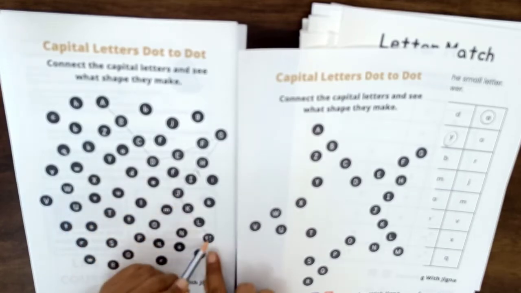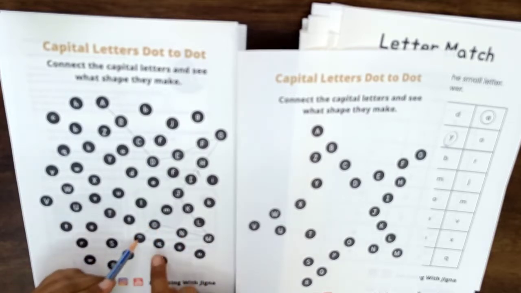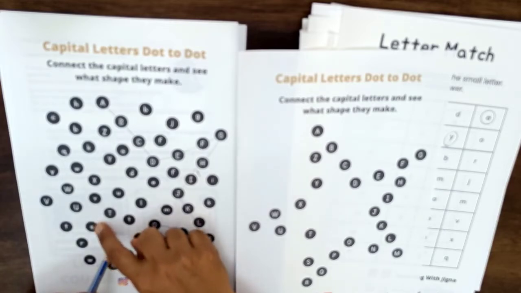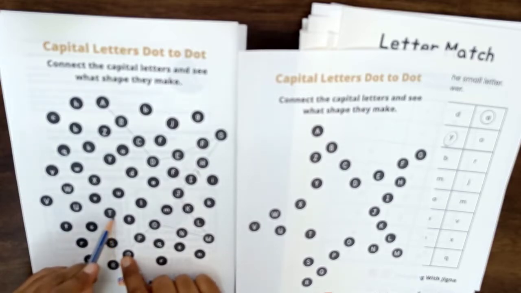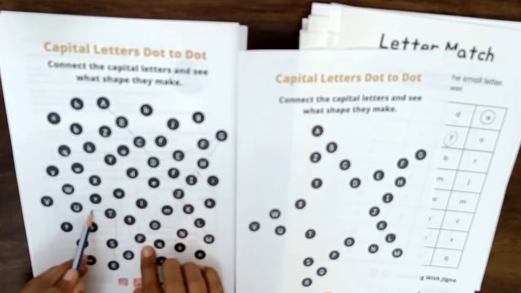See, if you come to capital M, there is small n and capital N. If the child goes here, they may miss the link. So the child has to go over here, then O, P, again Q is here. No, they need to come over here. R, again S. See, you can see small s. So here, about the child's ability, I am also getting confused. Small u and capital U is here.